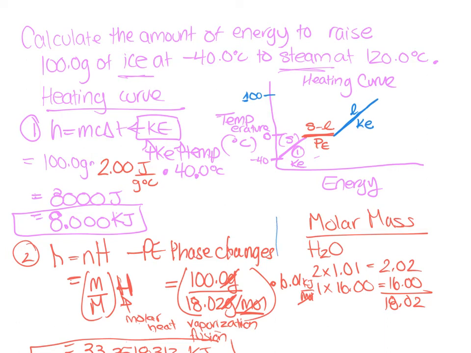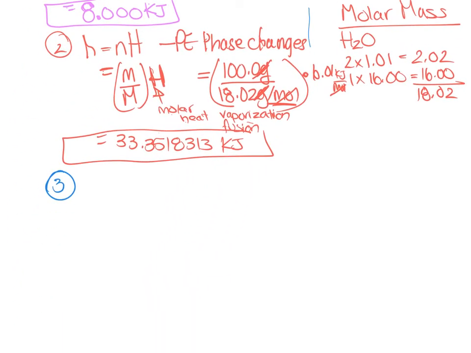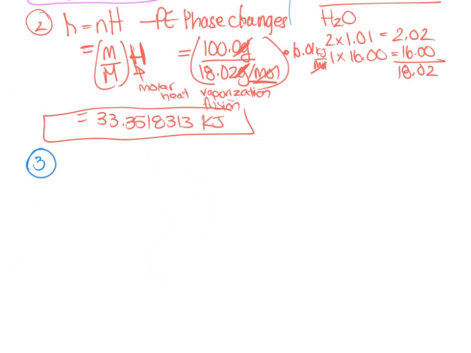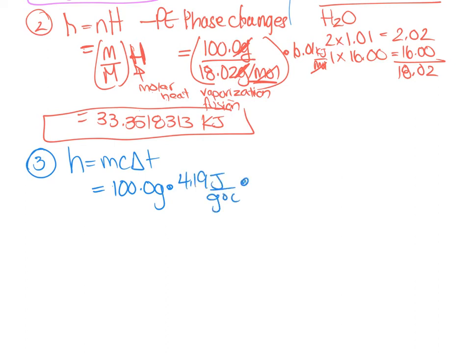So we'll go back. Because it is a kinetic energy change, we're going to go mc delta T. And the mass is still 100 grams. The specific heat capacity now is going to be of water, so it'll be joules per gram degrees Celsius. The temperature change is going to be 100 degrees, right, because it went from being at 0 to 100.